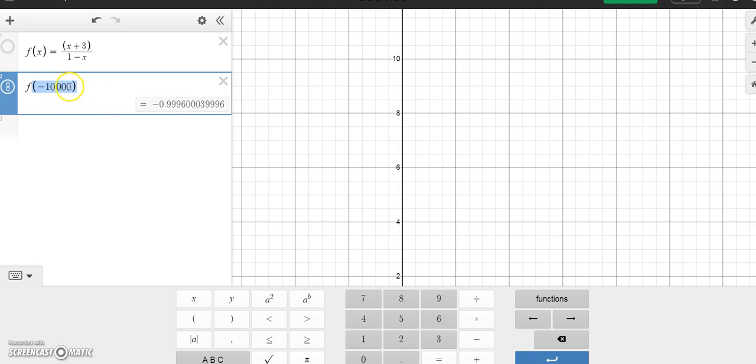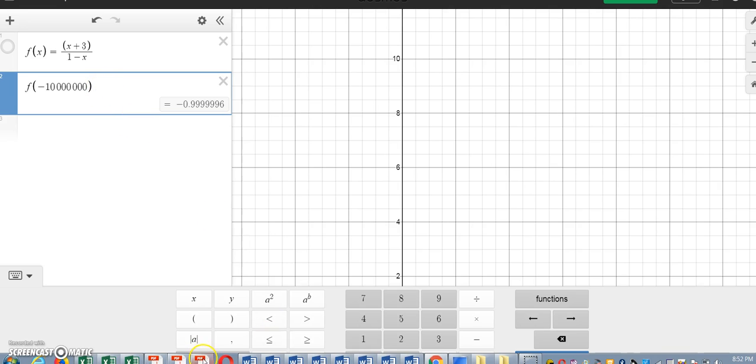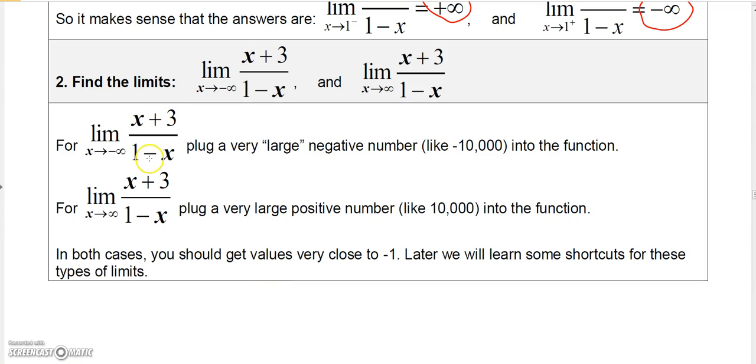Now, if I went farther out, it gets closer and closer to negative 1. So the farther negative that I go, the closer this gets to negative 1. So I'm probably safe by saying that the limit of this function as x goes to negative infinity is negative 1.